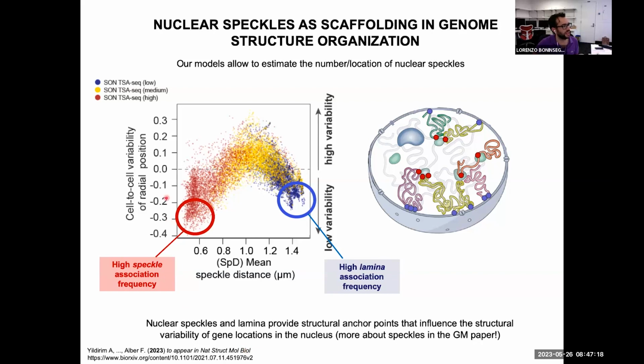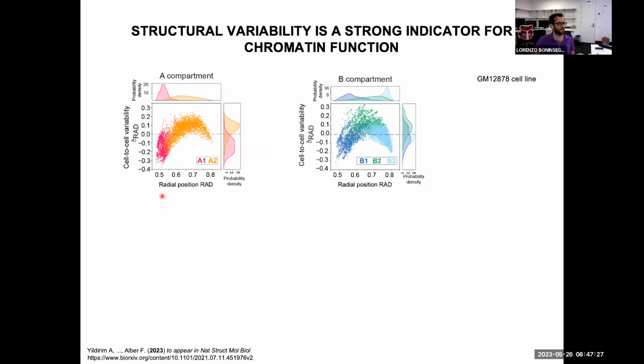We see already that the cell-to-cell variability of a given quantity can tell you something about functional organization of the chromatin. And now we can say even something more. Again, this is for the GM cell line from the same paper. I'm showing again the joint distribution of the loci in the cell-to-cell variability of the radial position versus radial position space for the A compartment and the B compartment, the classic compartments.